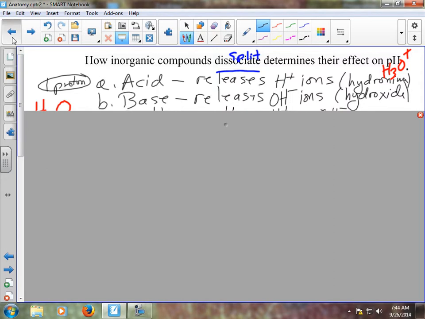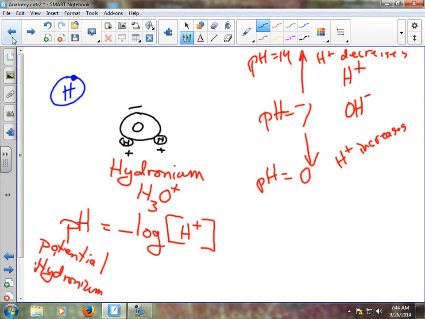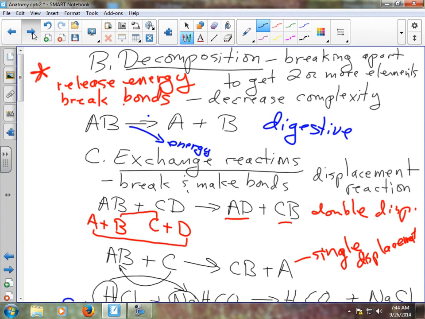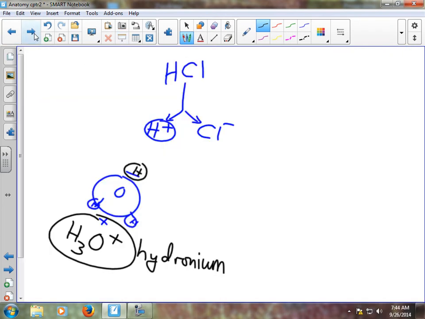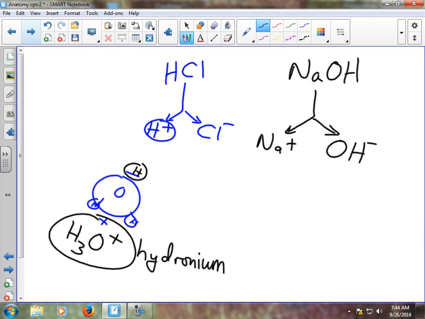If I zoom, where did I put it? There. Okay, so let's say I've got some of this. How do I know that's going to be a base? Ah, good job. It's going to split. Here's my cation. There's my anion.